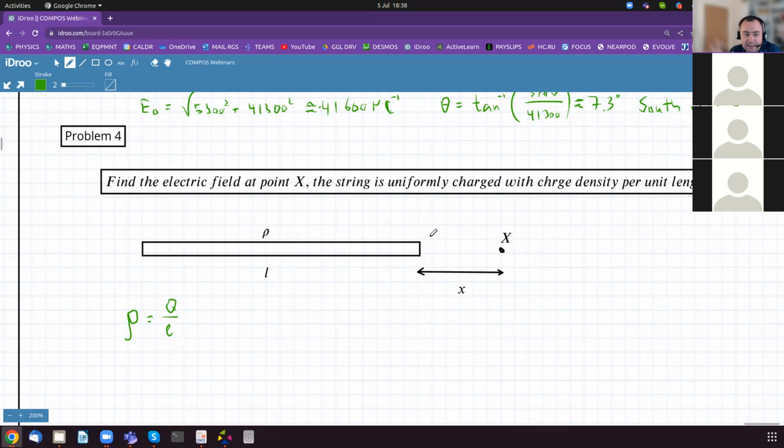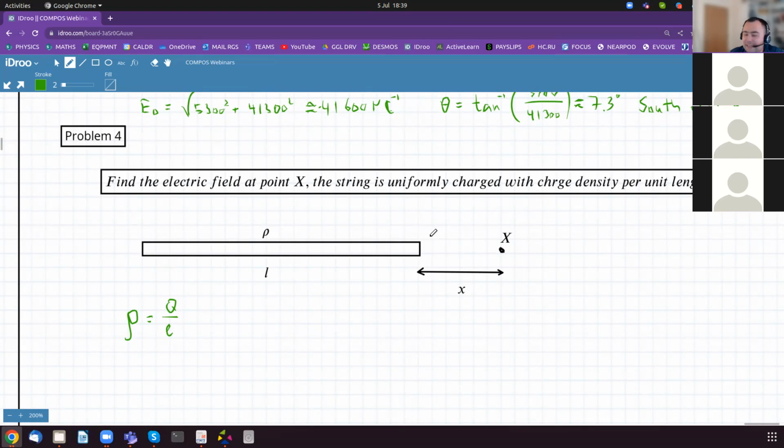So that already throws away some of the thinking. You don't have to think about the direction. So just find the magnitude. So it's a positively charged string, and you need the field.